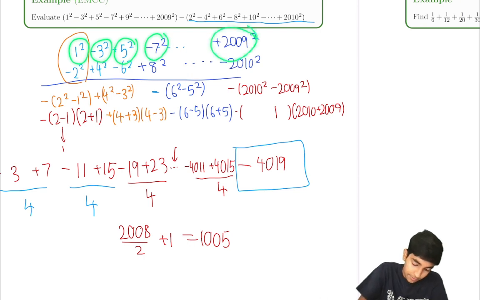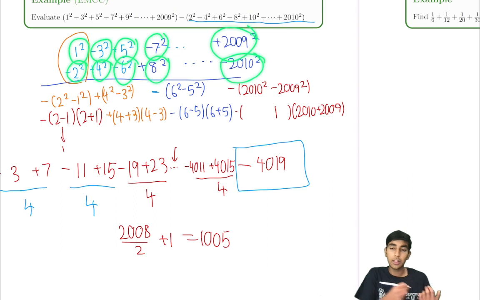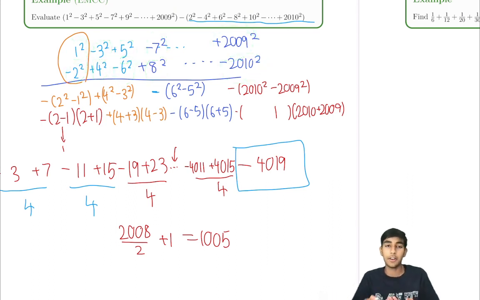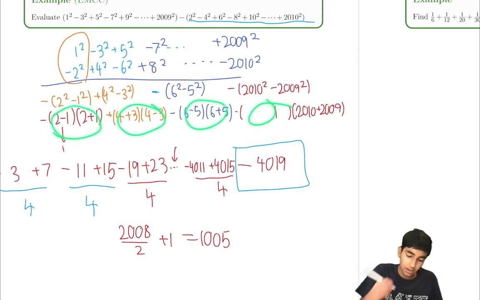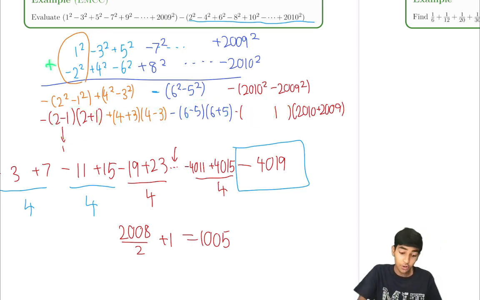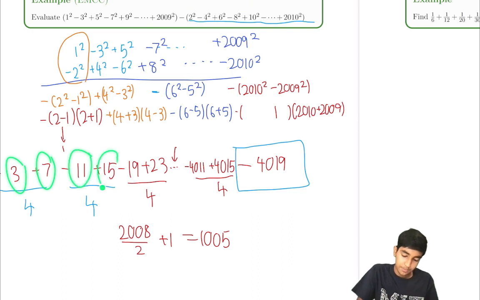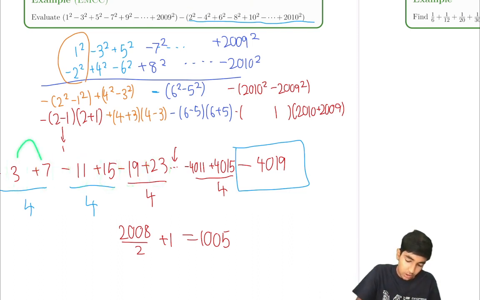And there's also 1005 terms in this sequence, right? Just all the even numbers from 2 to 2010. That's 1005. And therefore, there must be 1005 of these kind of terms here, because we're just adding these expressions together. So we've got 1005 of these terms over here. But then notice how we're pairing two of them together, and we've got one straggler.